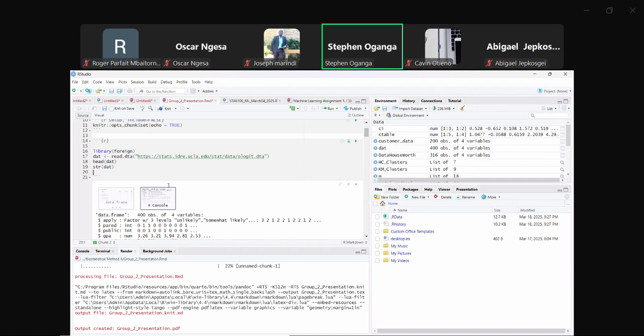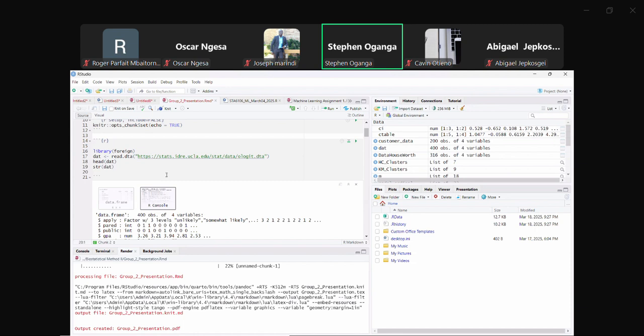So our dependent variable was apply, and the factors that were to determine if a student will apply to graduate school or not were, first, whether the parent was a graduate or not a graduate.